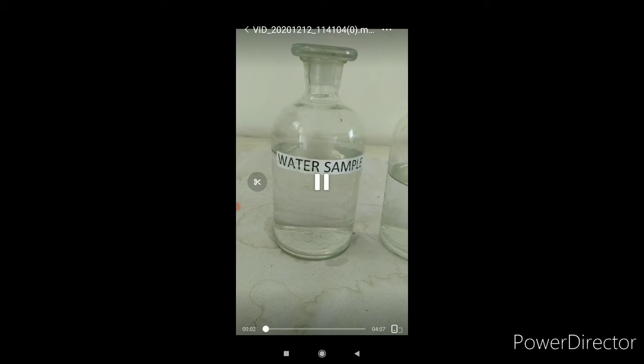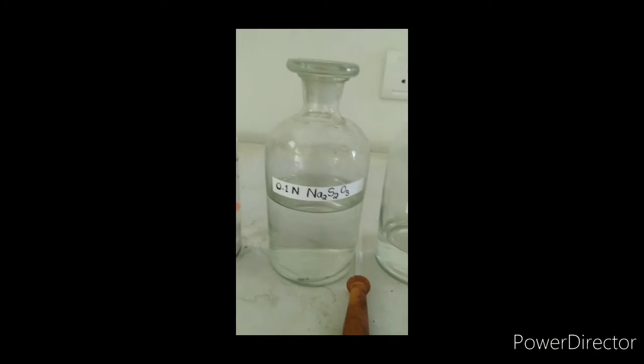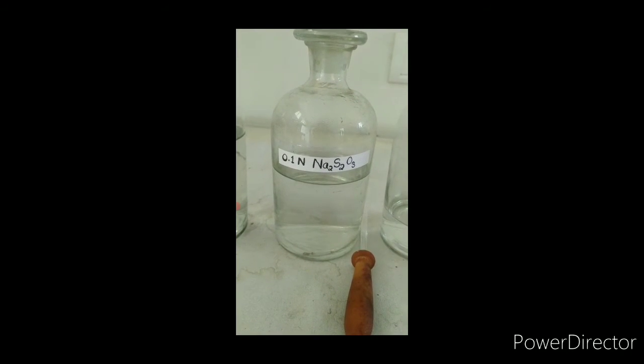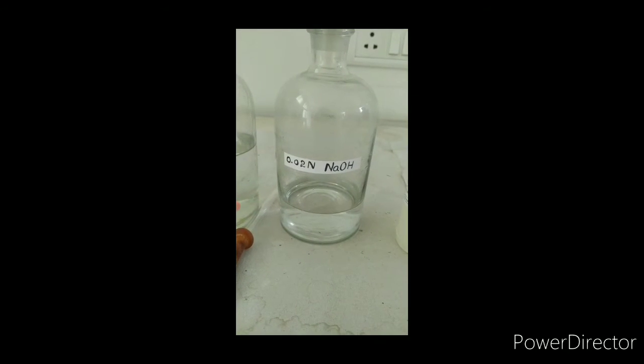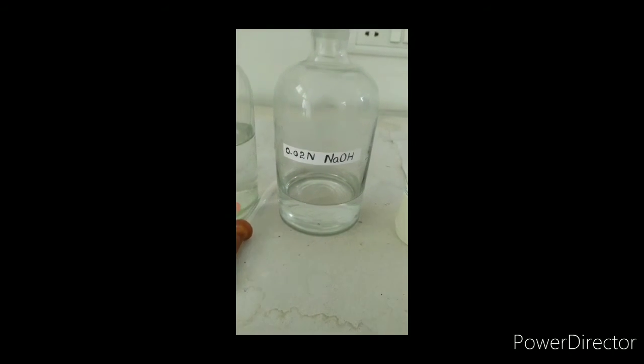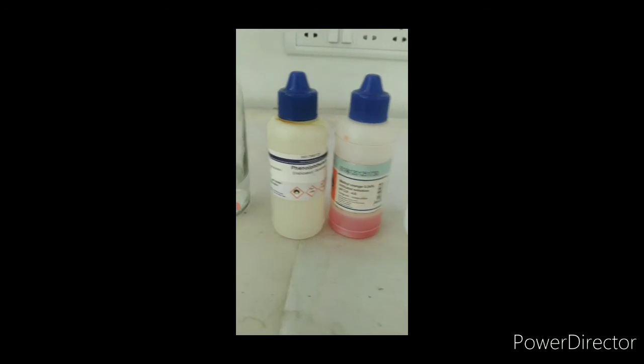Okay, now let us observe what chemicals we are going to need. Water sample, of course, then 0.1 normal Na2S2O3 sodium thiosulfate, 0.02 normal NaOH sodium hydroxide, which is the titrant that we must fill in the burette, then phenolphthalein indicator, methyl orange indicator, and distilled water.